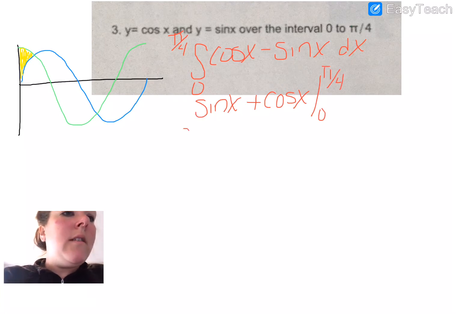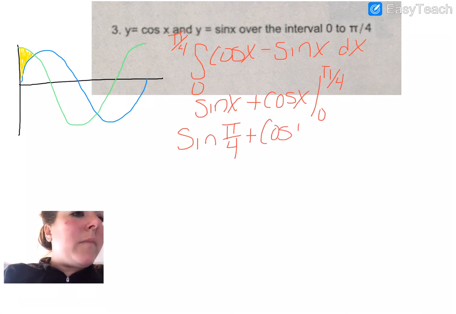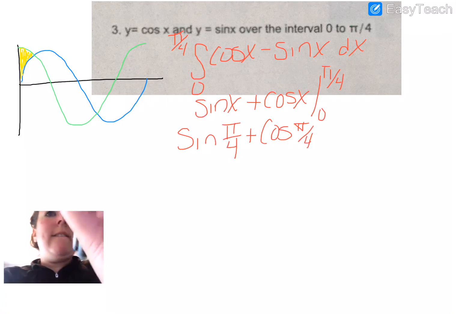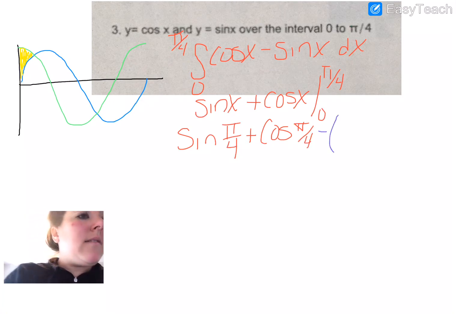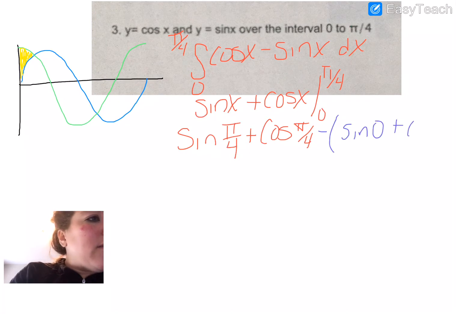All right. Sine of pi over 4 plus cosine of pi over 4, minus, and I always put the minus stuff in parentheses so you remember to distribute that negative all the way through, sine of 0 plus cosine of 0.